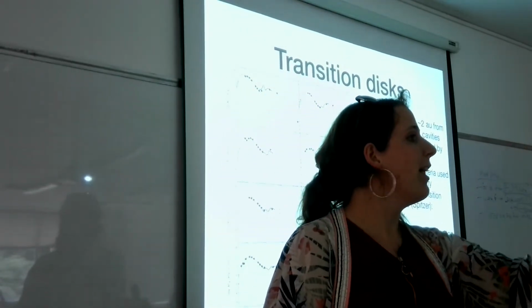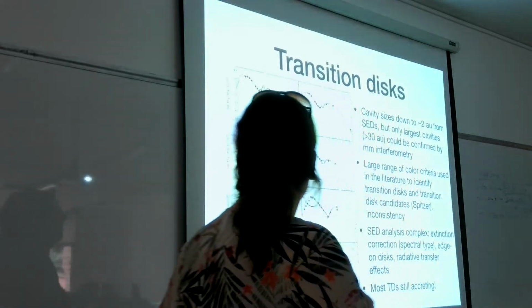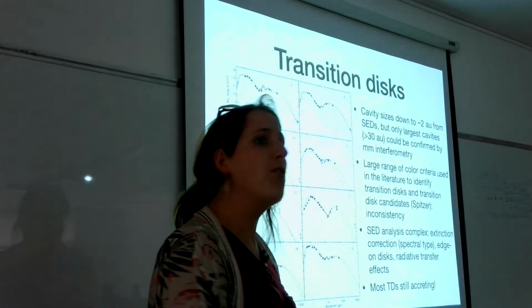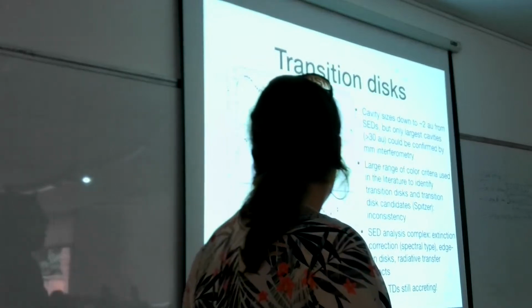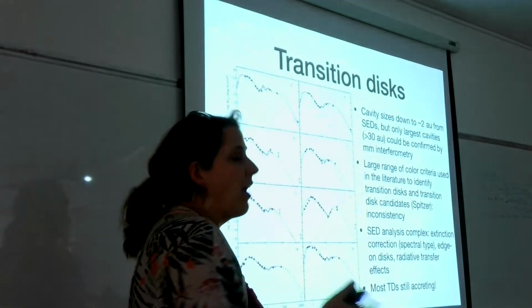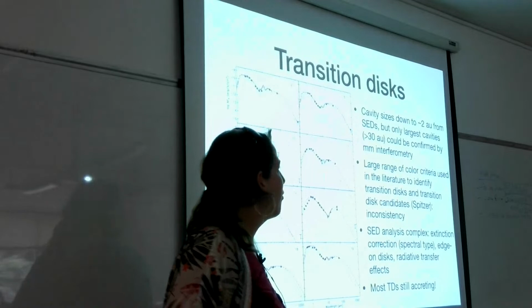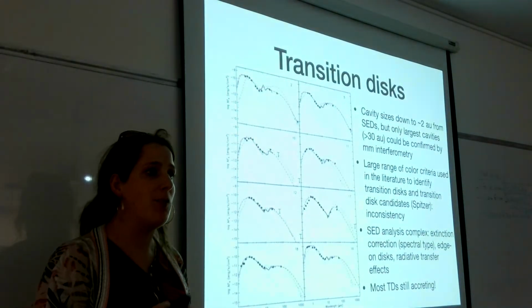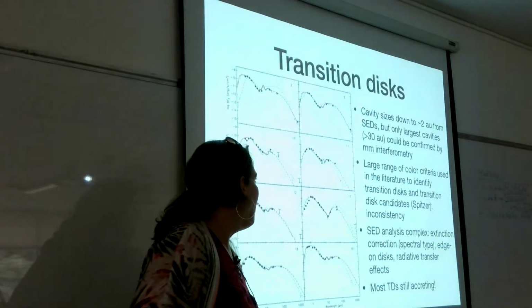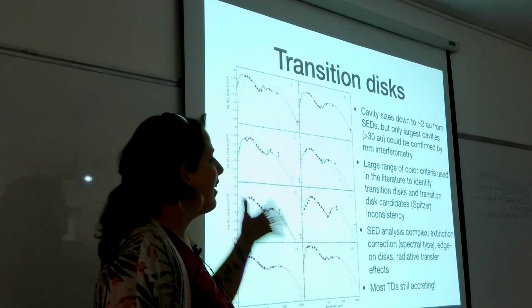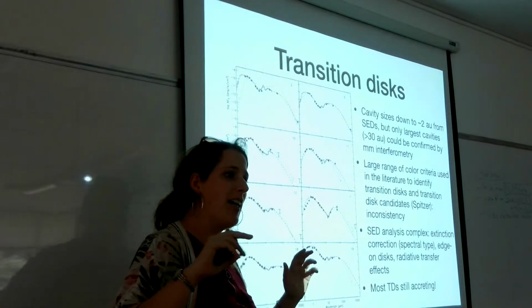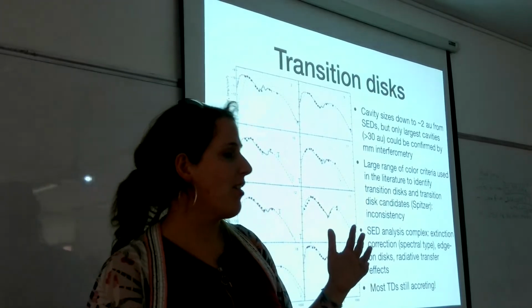As soon as you remove a little bit of that, you immediately get that deficit. And then it doesn't really matter if it's 2 AU or 20 AU. Obviously, only those largest cavities could be confirmed with millimeter interferometry with those early interferometers. In the literature, you will see that there are so-called color criteria to select transition disks.